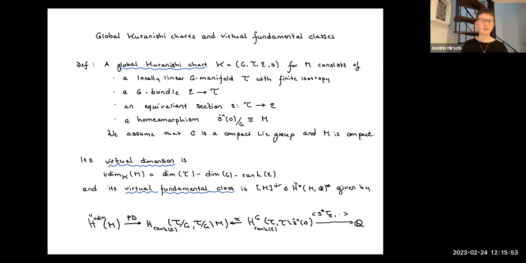I think it's quite immediate to see that in the case where S intersects the zero section transversely, this just gives you the fundamental class of the orbifold M.